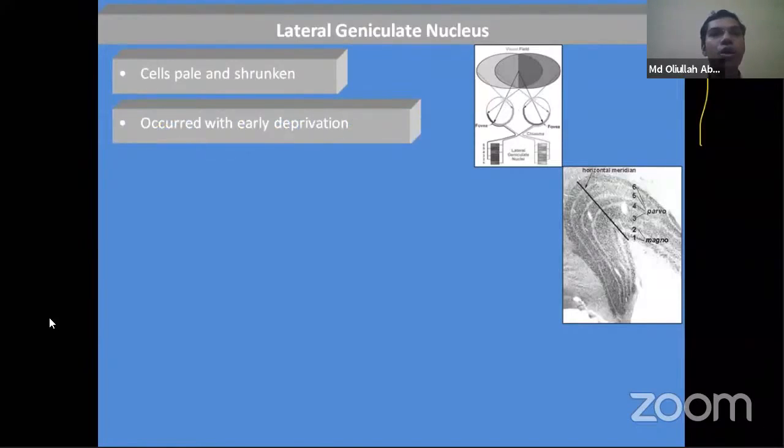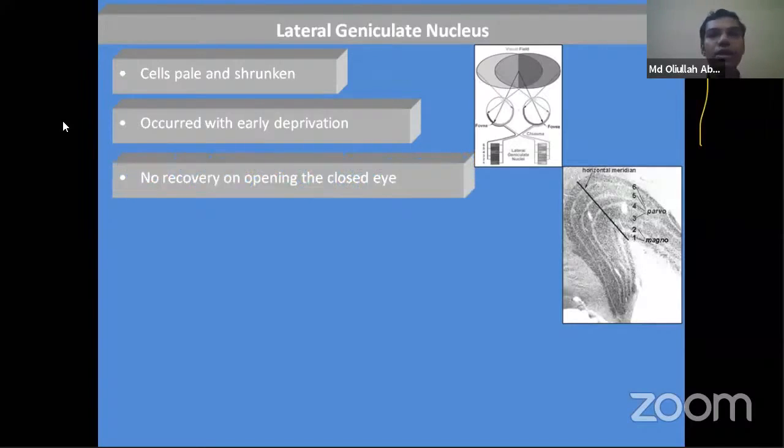Now, it occurs only when there is an early deprivation of a proper visual stimulus. Then if you open the eye, the component which was having issues in getting a proper response, even if you open that eye, it does not recover.